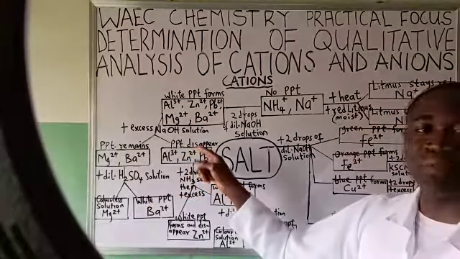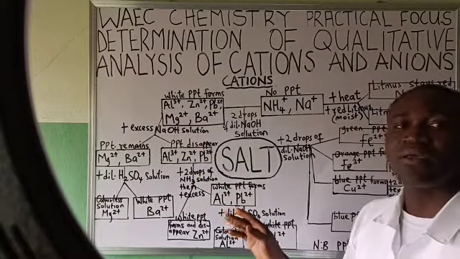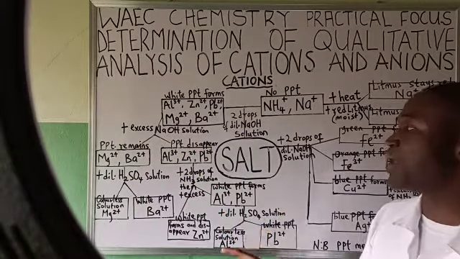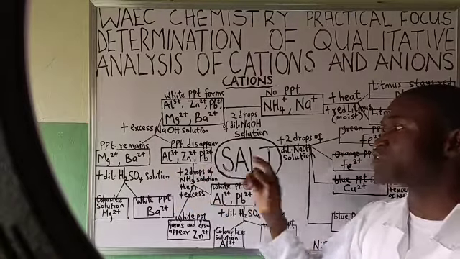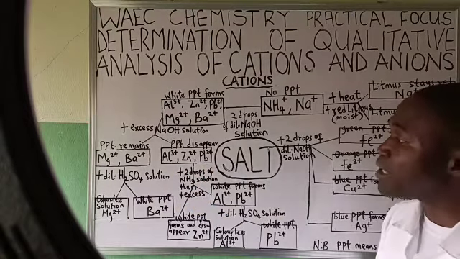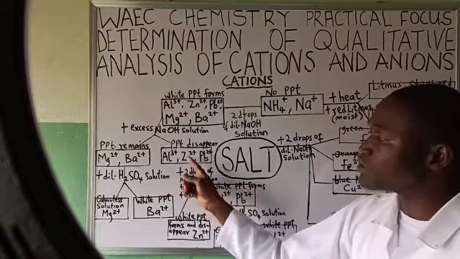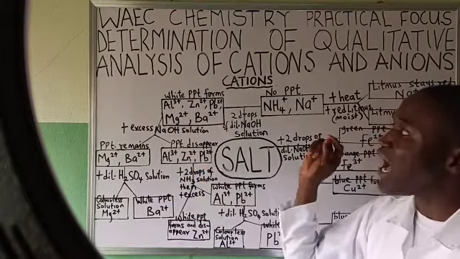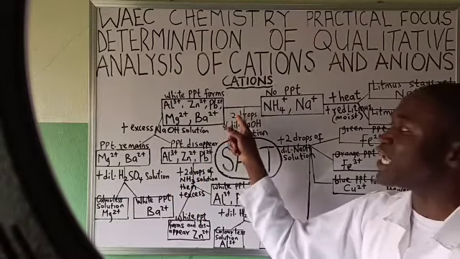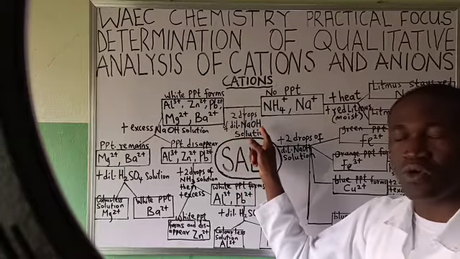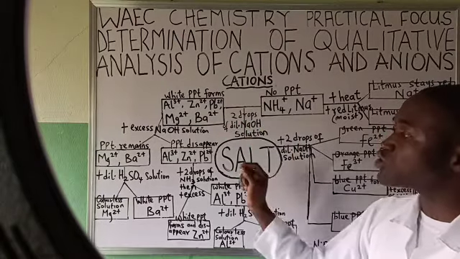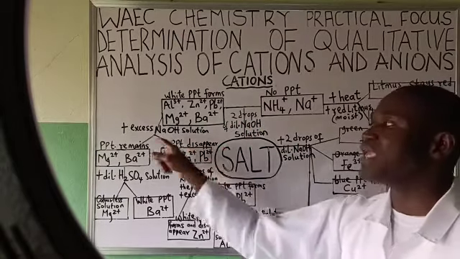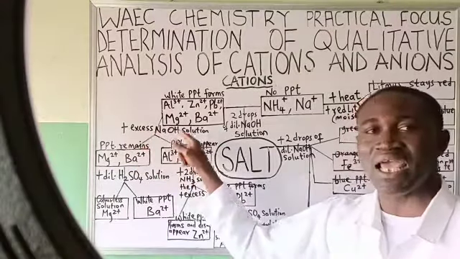But if the white precipitate disappears, look at the cations I am suspecting. That means that aluminium and zinc form white precipitate in drops of dilute NaOH, but the precipitate disappears in addition of excess NaOH.